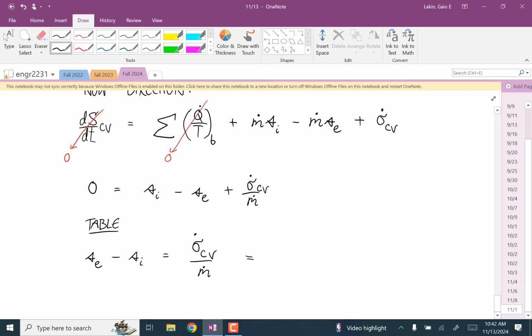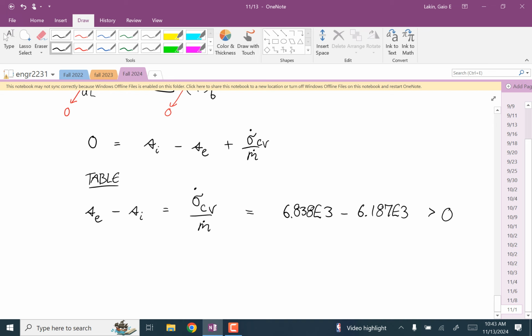And the table values are 6.838 times 10 to the third minus 6.187 times 10 to the third, and that's greater than 0. So since m dot is always greater than 0, that tells you sigma dot is greater than 0. And so it's a nozzle.